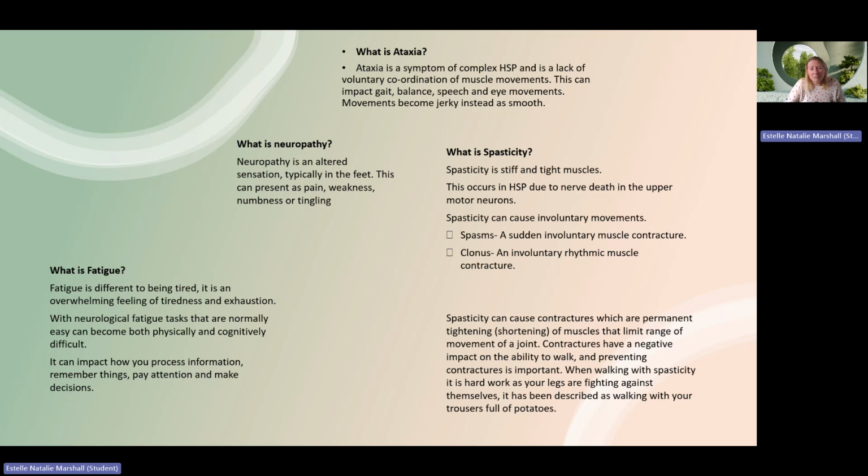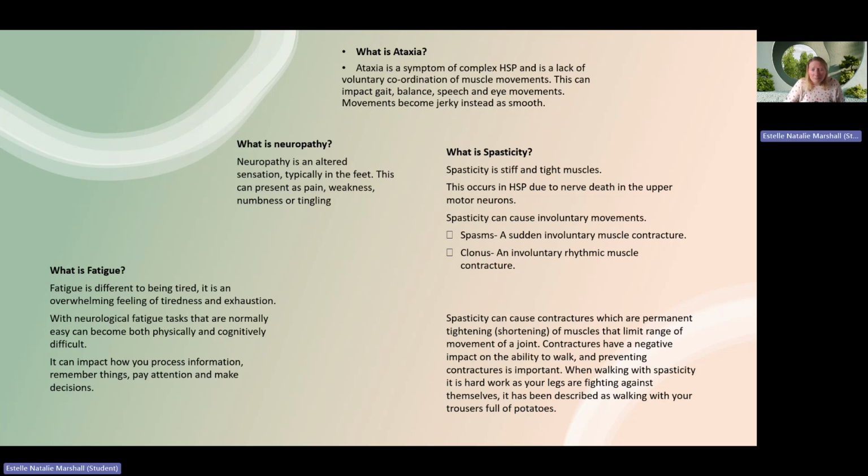So when your hamstrings work, your quads should relax and vice versa. But when you've got spasticity, they're not switching off. So you've got one muscle fighting against another, which increases the work of walking, making it more challenging, taking every step. It can also cause spasms, which are sudden involuntary muscle contractions.